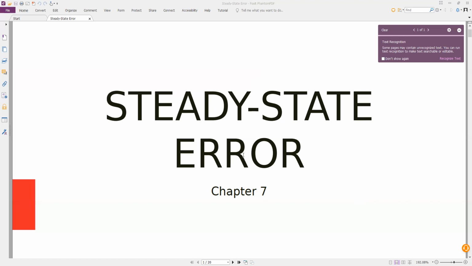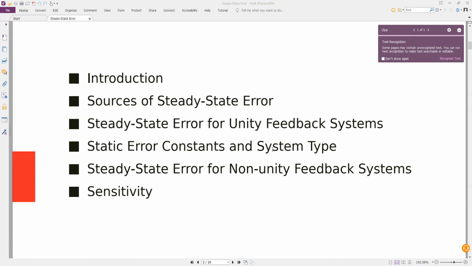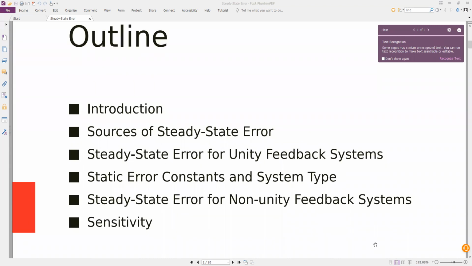Okay, so today we'll start the steady state error, which is chapter 7. First of all, let us look at the contents we are going to discuss today. Sources of steady state error. We have to find out what the sources of the error are and what would happen if we have the unity feedback system, what the static error constants and system type are, and steady state error for non-unity feedback systems and sensitivity.